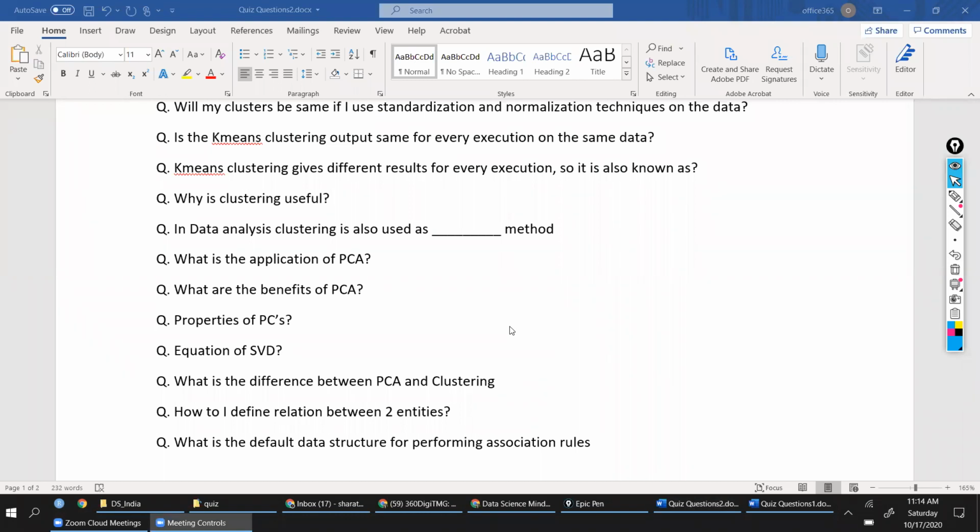Transactional data, very good, Suresh. Each record is a list of items. So we will have transactional data, which is also known as a list. In R programming, we specifically call it transactional data, whereas in Python, we deal with a list of variables.